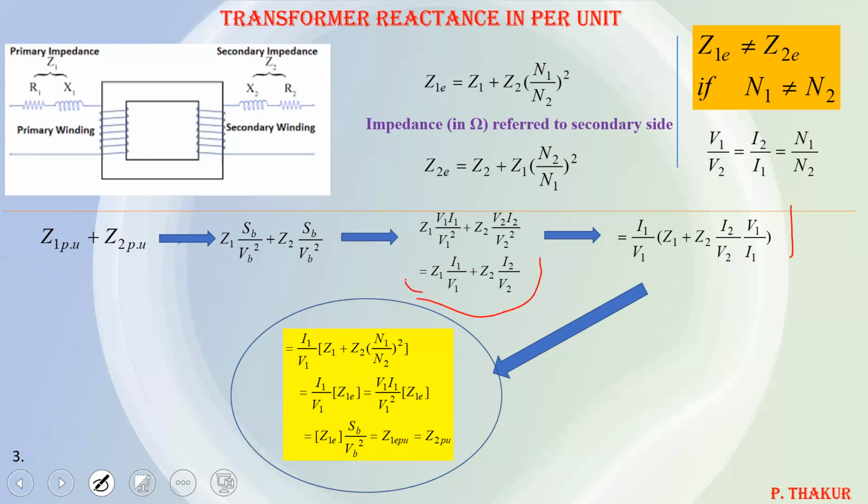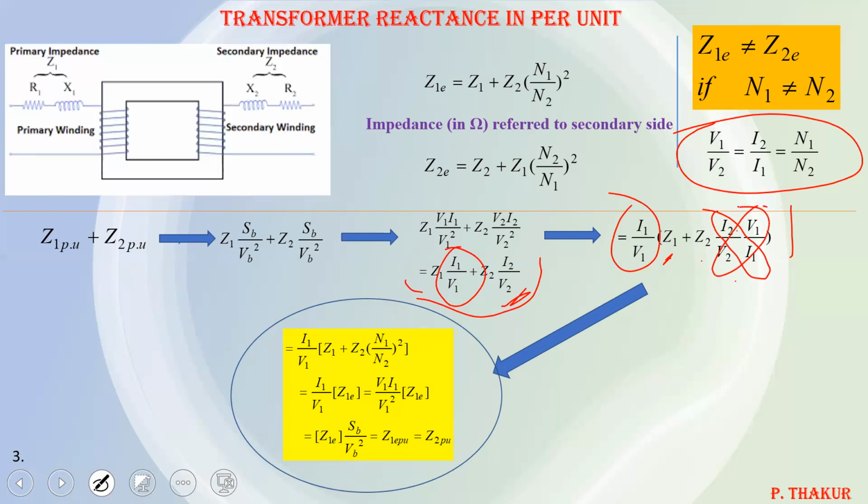And when you take I1 by V1 common, then here you will get Z1 and in the second term you will get Z2 I2 by V2 into V1 by I1. And again from the turn ratio, you can write I2 by I1 equal to N1 by N2 and V1 by V2 will also be equal to N1 by N2.